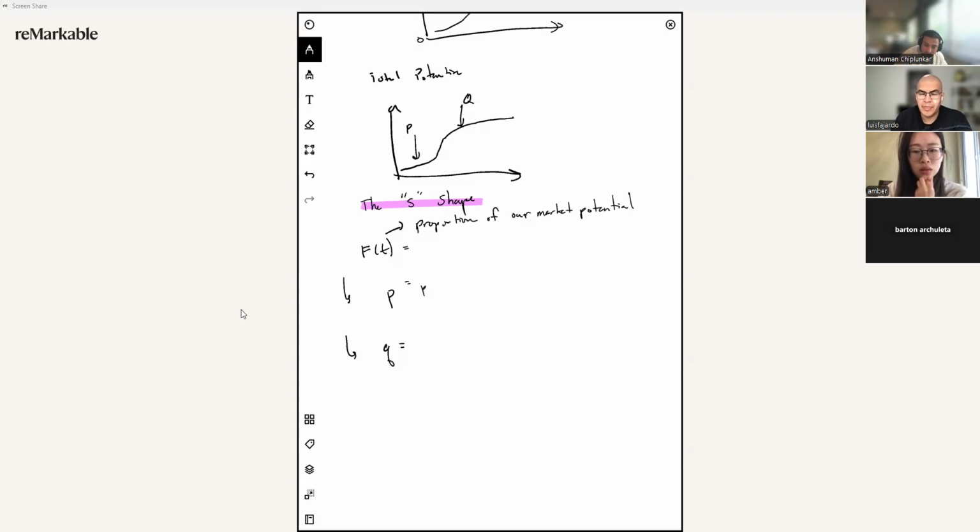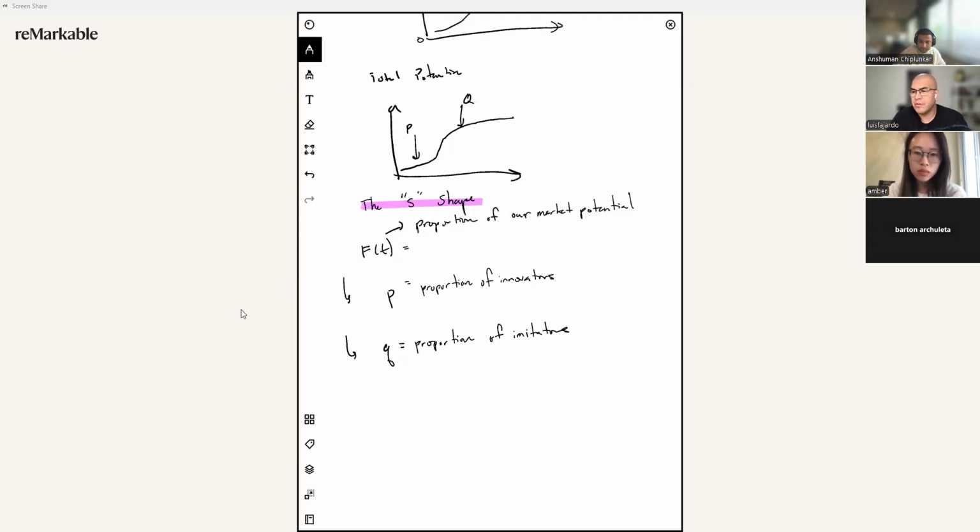So you can think of P as the proportion of innovators, and Q in the same vein is the proportion of imitators. Depending how much time has passed, one of these is going to be way more important than the other, because at some point you're not going to have any innovators buying your product. It's going to be just imitators. But when you're just releasing your product, your imitators don't matter because the only people that are going to buy a new product are going to be your innovators.